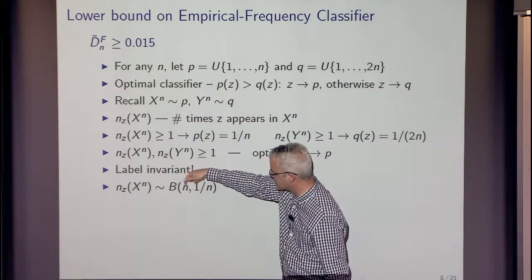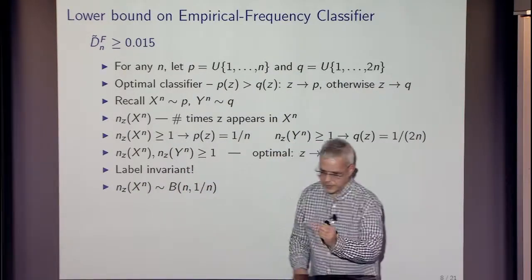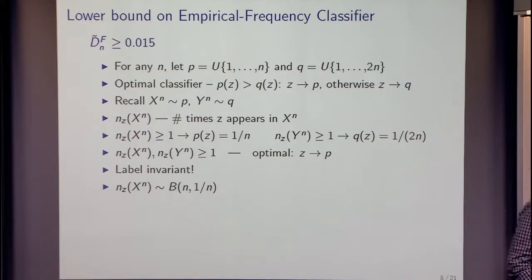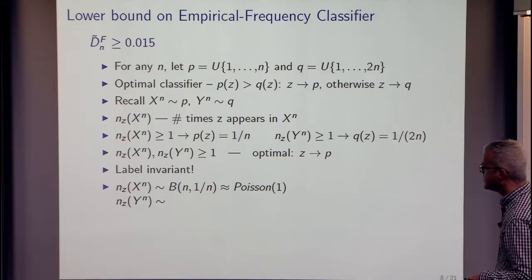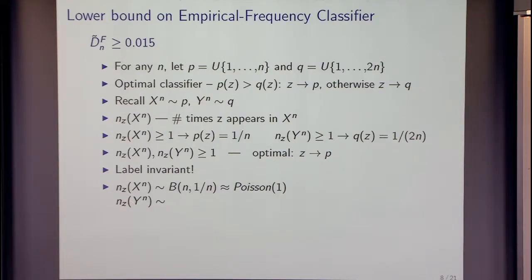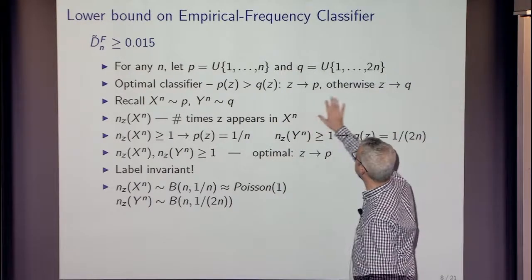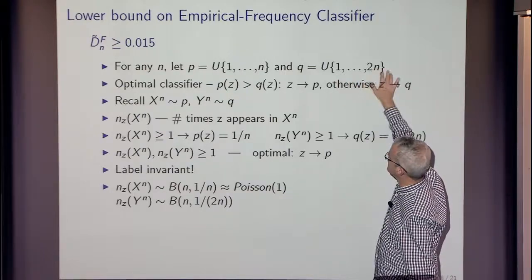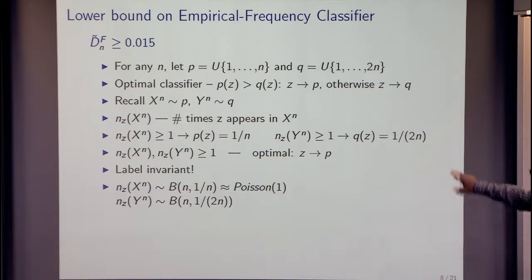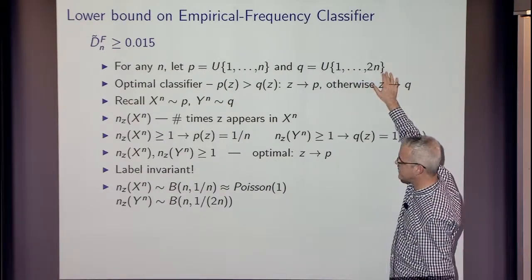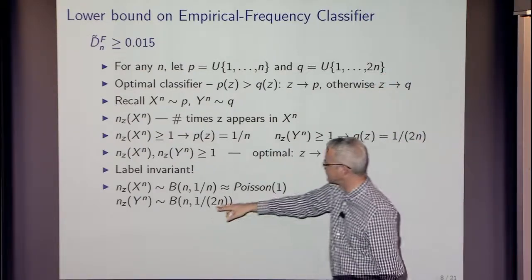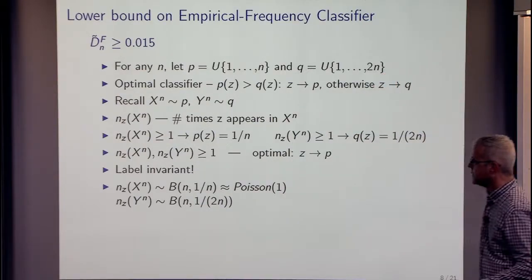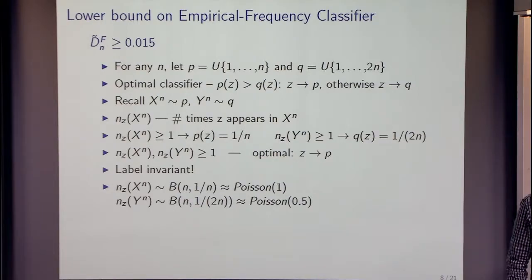X is of length n, and the probability that z will appear in any position is 1 over n. And so it's Poisson 1. Okay. Let's look at the distribution of z in Y^n. It's binomial n and 1 over 2n, right? Because you have 2n values, and so each probability is 1 over 2n, and you have to take n samples. So this is Poisson 1/2.